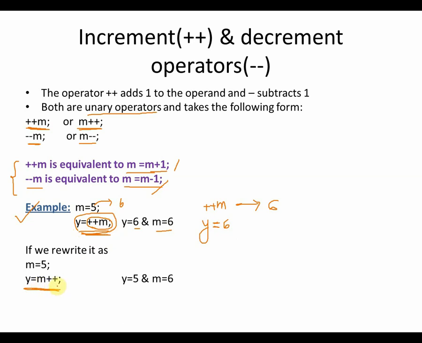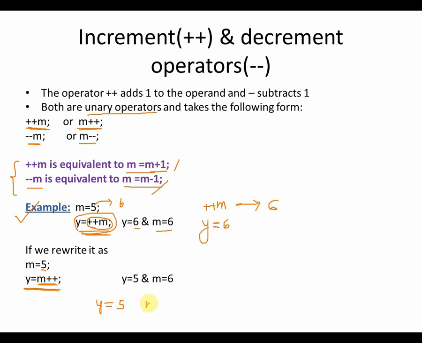Then what happens? You have to remember, if it is m plus plus, that time the y variable is assigned the value of m first. So what is the value of m? 5. So y will take a value of 5 first, and then you will increment the m variable.